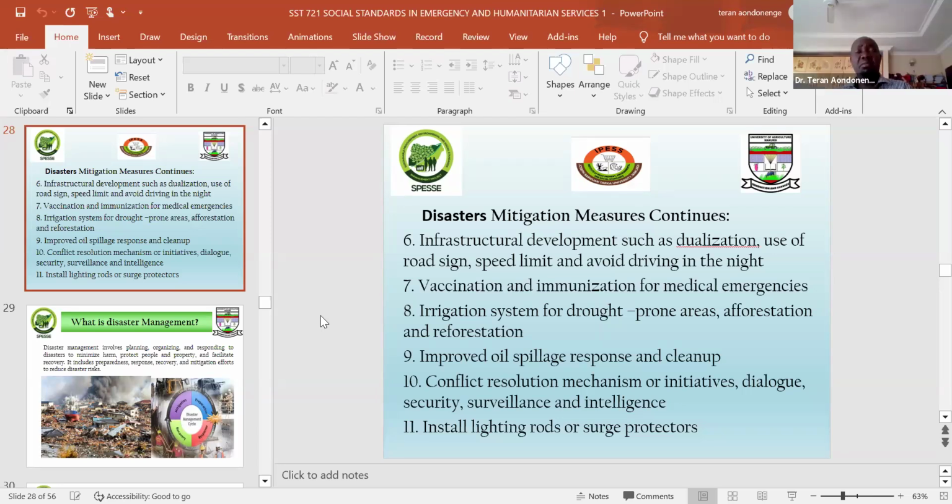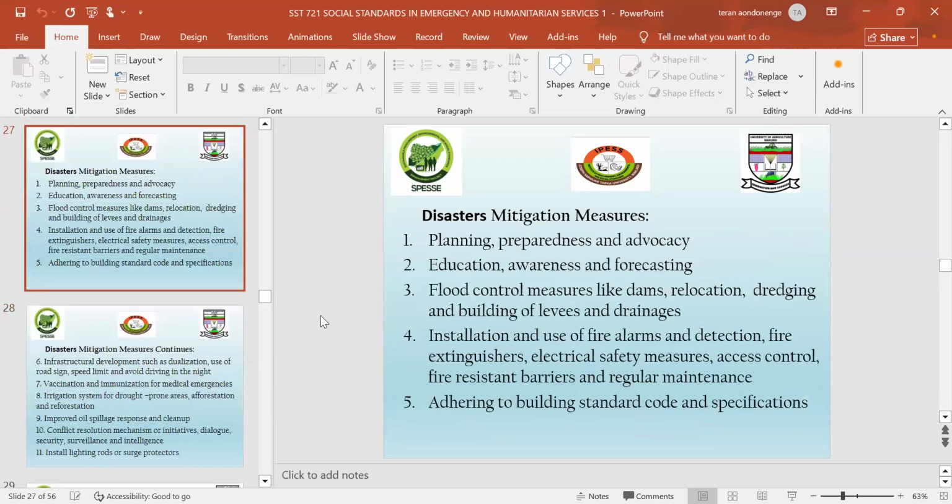When you meet, excuse me, sir, it confuses us because education is there, awareness is there, forecasting is there. Are they not supposed to be different so that you will talk elaborately on awareness, then talk on sensitization? When you meet them in your exams, that is where you argue with your paper. It confuses you in the exams.